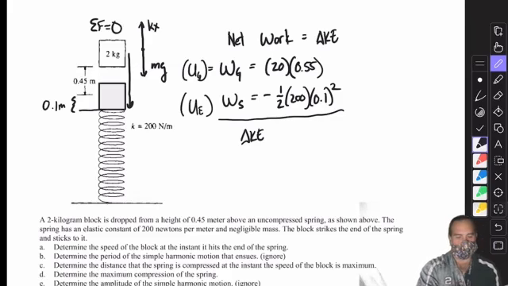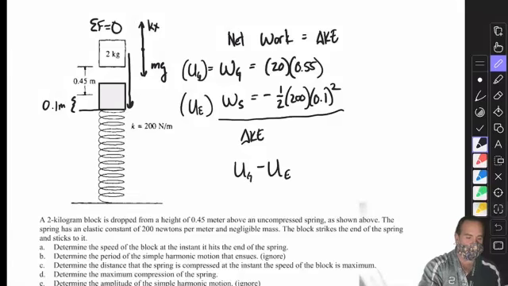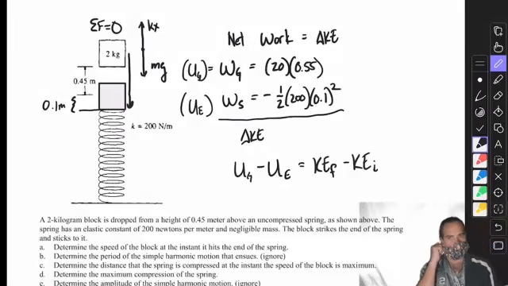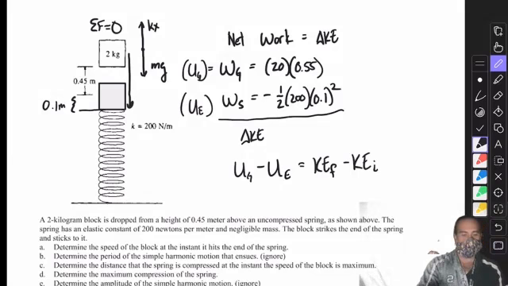And what we're really saying is that if we take the gravitational potential energy and subtract the elastic potential energy, that's going to equal the final kinetic energy minus the initial kinetic energy. This is still the work energy theorem, don't get me wrong. But I'm writing it in this way because I want you to consider that there might be a different way to express this, something we're going to be talking about today.